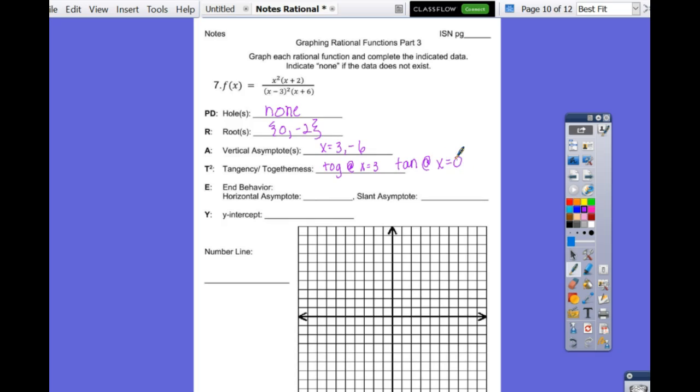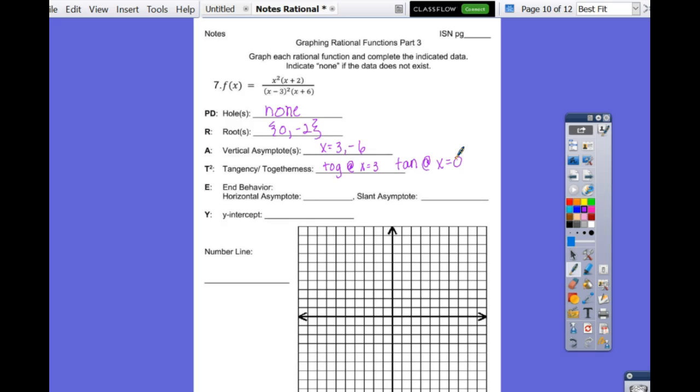So for togetherness, it's a double on the bottom. Tangency is double on top. Togetherness is double on bottom. Tangency is a repeated term on top, and the x is repeated.